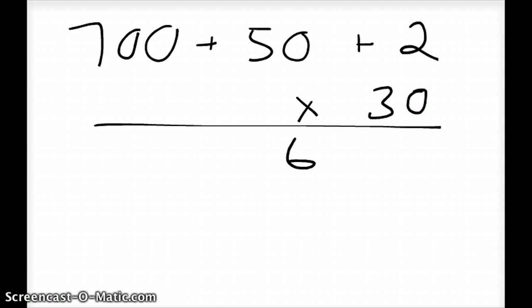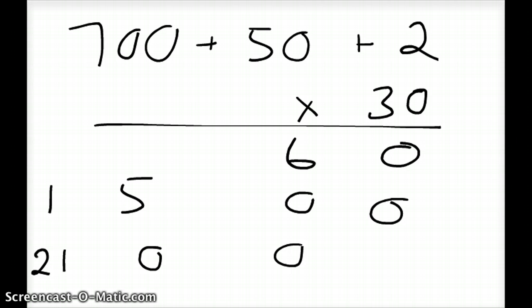I'm just going to call it 60. 50 times 30 is 1,500. 30 times 700 is 21,000. And then I can add this up.